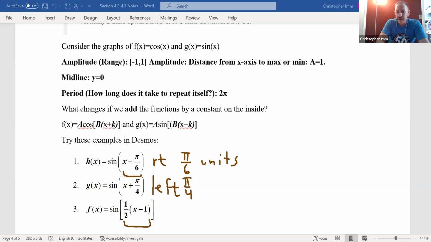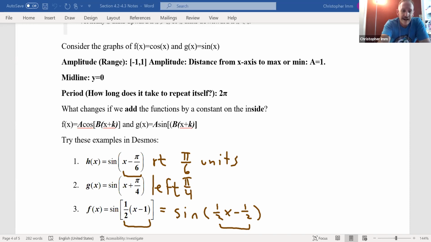So really, when we're looking at this one, it could have been given to you like this, okay? You could have had the same thing as sine of 1/2 x minus 1/2. So if it's like that, what I would suggest strongly is take out that common factor in front of the x, and then you can think of it in 2 steps.